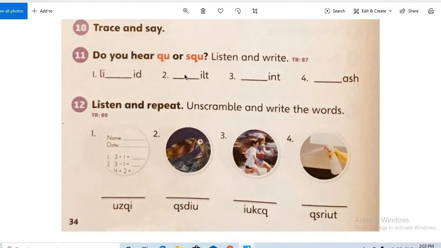We have QU, so you're going to write quilt, QUILT. Liquid is something watery, like water or oil. And number 3, we have squint, SQUINT.